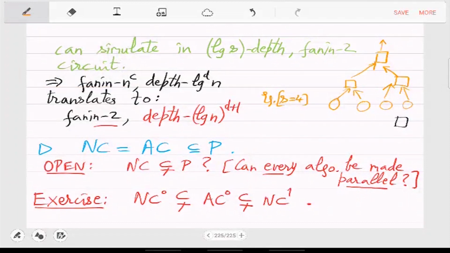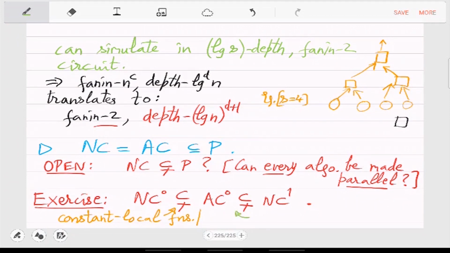So NC0, since the depth is constant and the fan-in is also constant, these are actually local functions, constant locality. It cannot solve anything more than that. Any function that you compute in NC0, every output bit will depend on only constant many inputs, right?